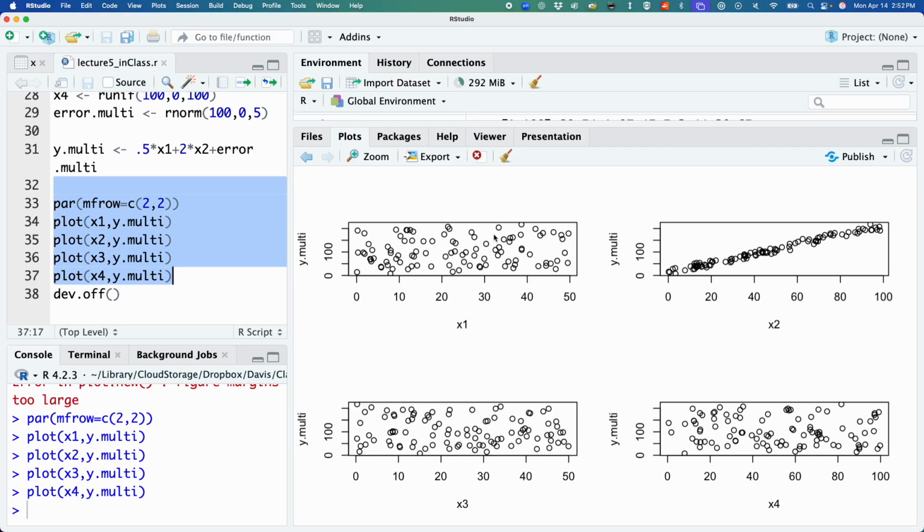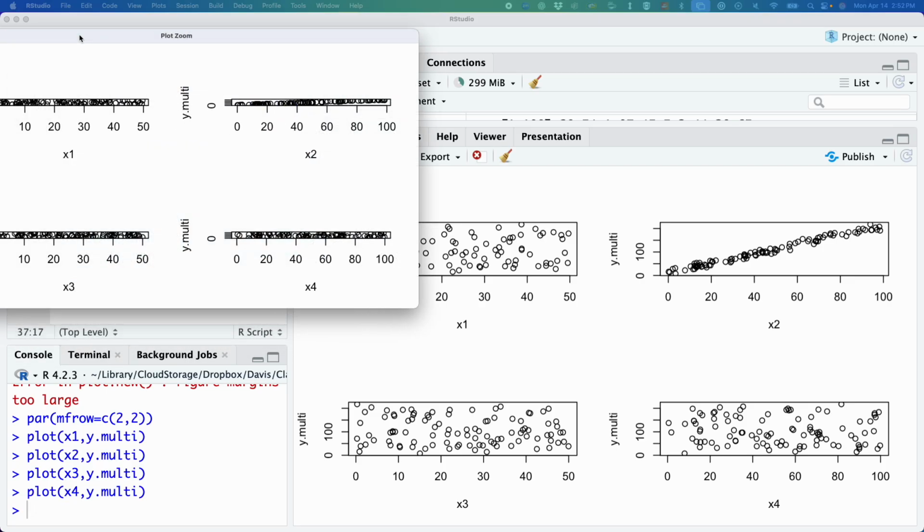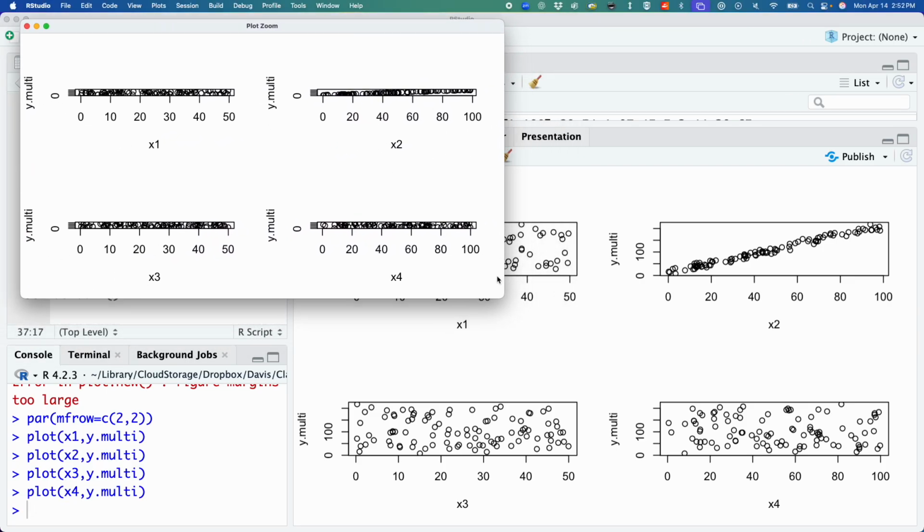Apparently the resolution of this projection is too small, so I need to make the window larger. I've never had that problem before.